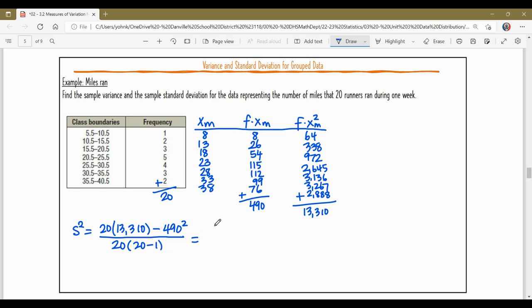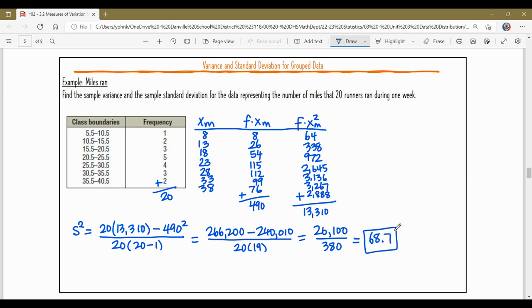So if I do this, I get 266,200 minus 240,010 divided by 20 times 19. This gives me 26,100 divided by 380. Divide, round to one more decimal than the data, and I get 68.7.